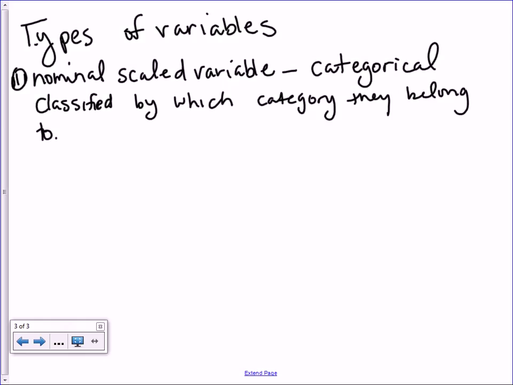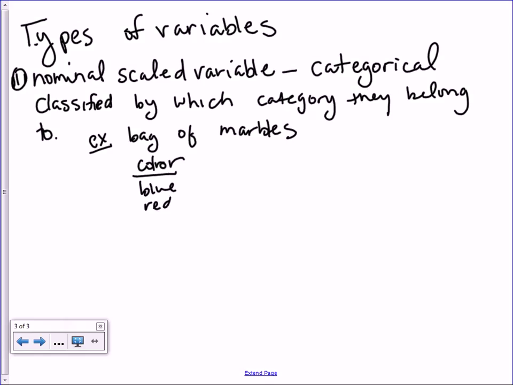And for example, you could have a bag of marbles, and you could have it done by the color, which let's say blue, red, and green, and then the number.